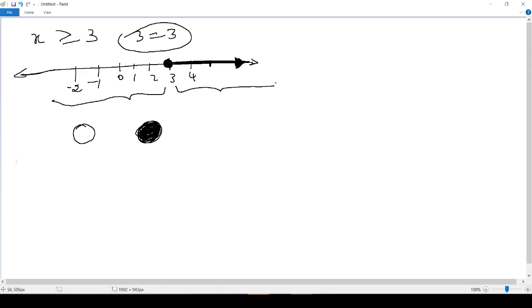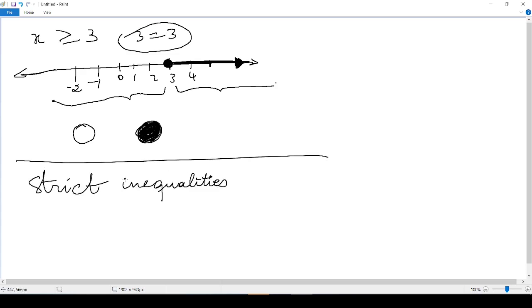So just for you to know, for strict inequalities, meaning inequalities where we have greater or less, they are strict. There is no equal part in them. They are strictly greater or strictly less.